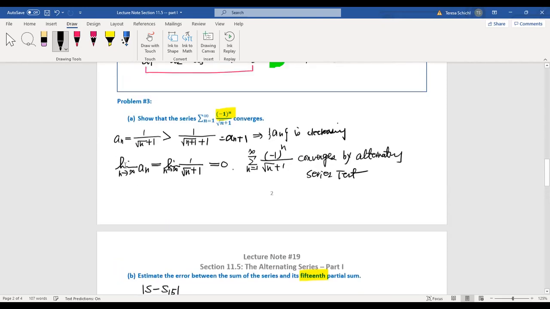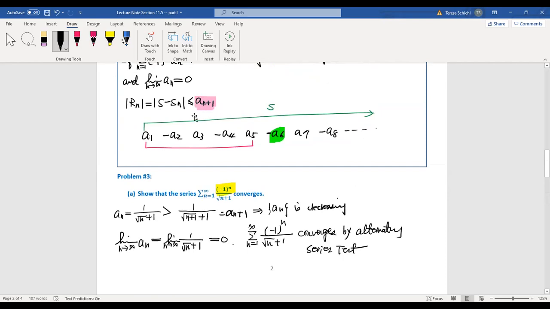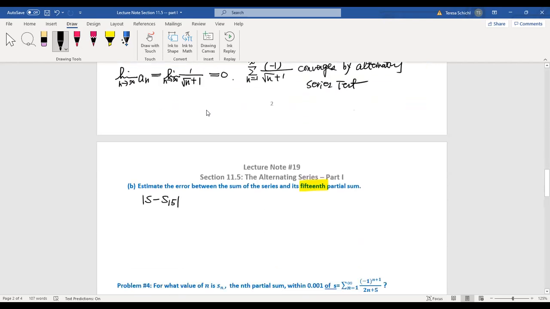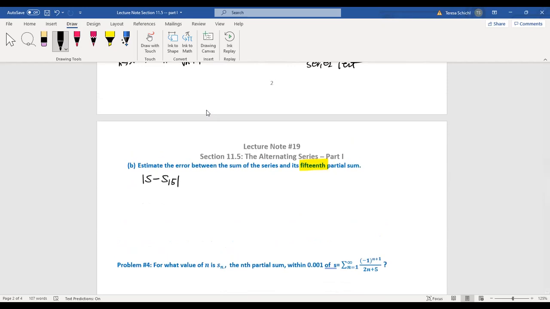So by what we just said, this remainder is going to be less than a_(n+1). So that means this is going to be less than or equal to a16. And a16 here is just 1 over the square root of 16 plus 1, so it's 1 over 5, right? So it's 0.2. That means S minus S15 is less than or equal to 0.2.